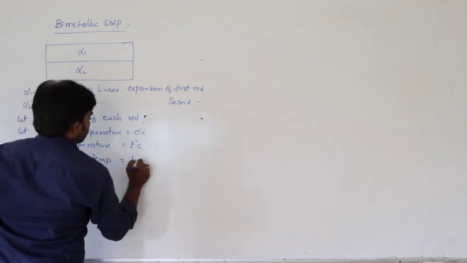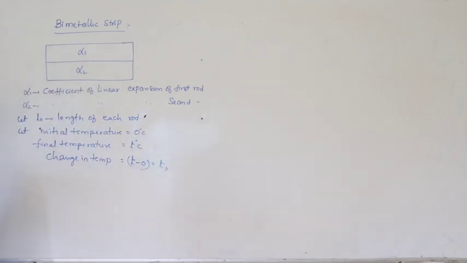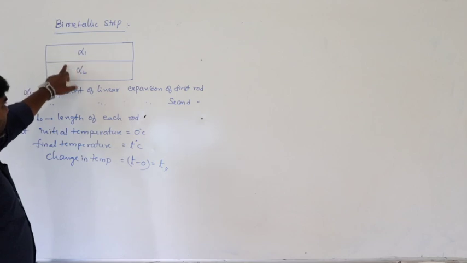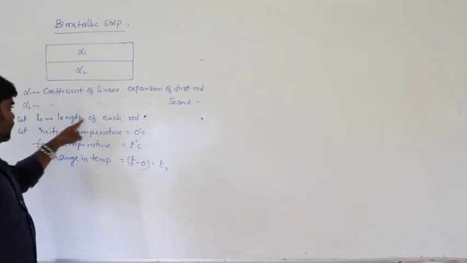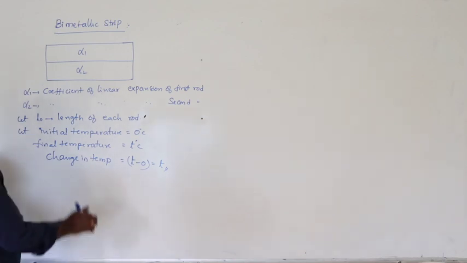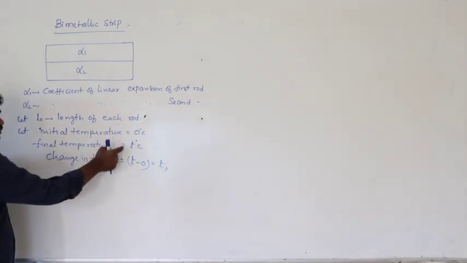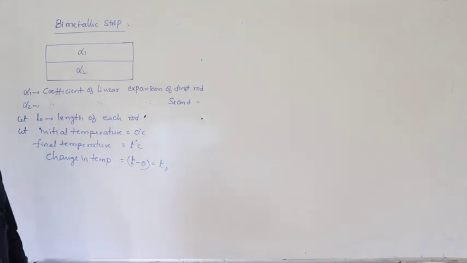That is final minus initial, which equals T only. So, alpha 1 and alpha 2 are the coefficients of linear expansion of the two rods, L naught is the length of each rod, the initial temperature is 0, the final temperature is T, and the change in temperature is T degrees Celsius.